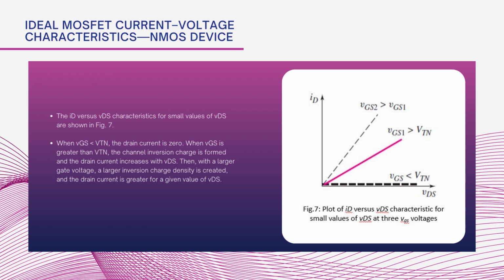Then, with a large gate voltage, a larger inversion charge density is created and the drain current is greater for a given value of VDS. This plot shows the ID versus VDS characteristics for a small value of VDS at 3 gate voltages.